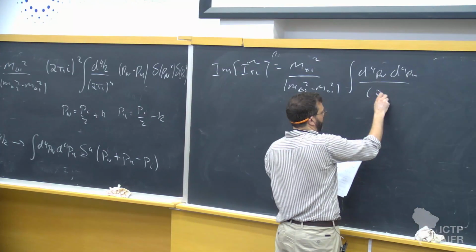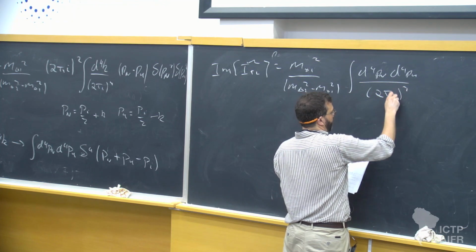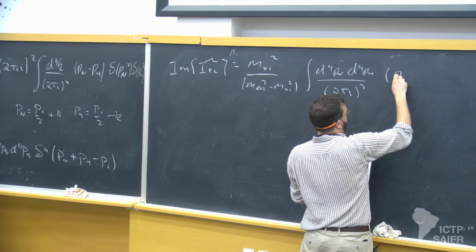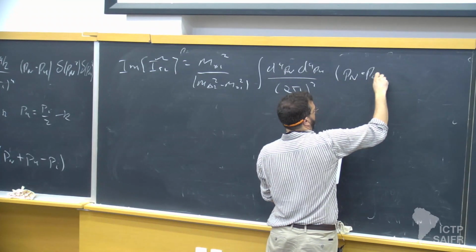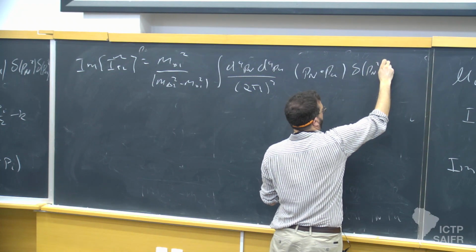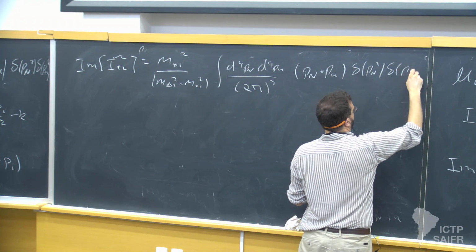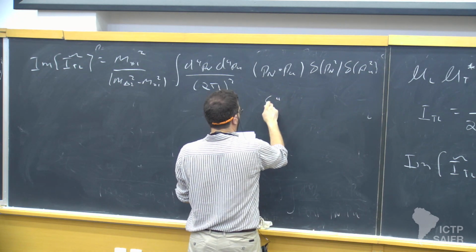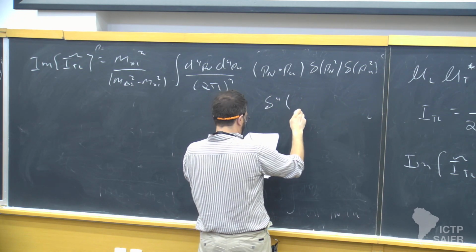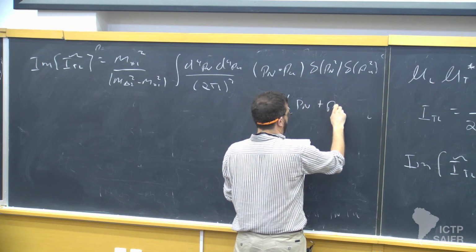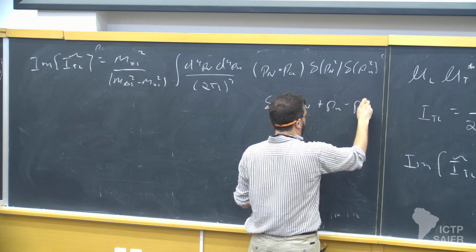So we have a 2 pi squared here. Pn dotted with Pu, delta Pn squared, delta Pu squared, and now we have this 4-dimensional delta function, Pn plus Pu minus Pi, okay?